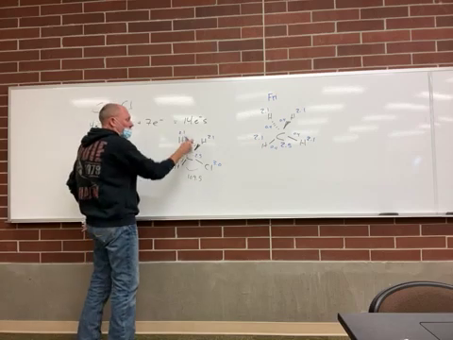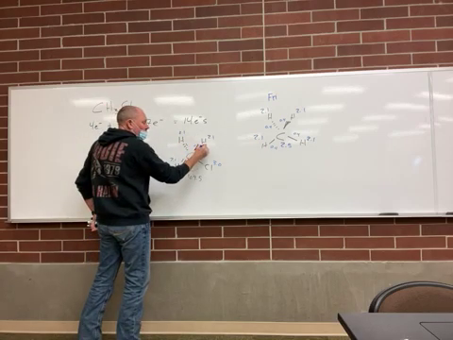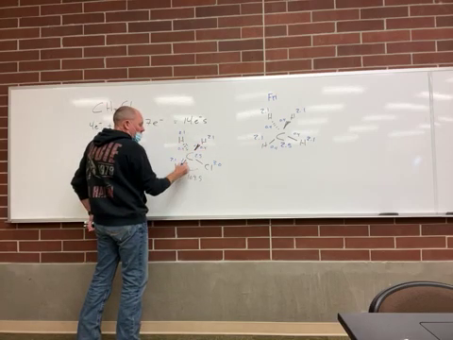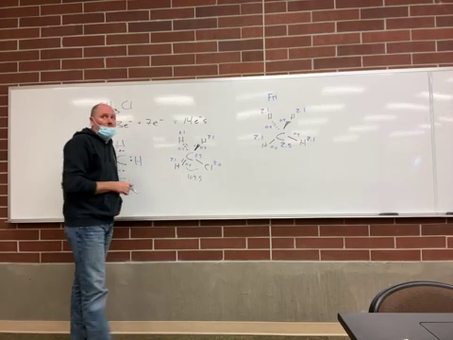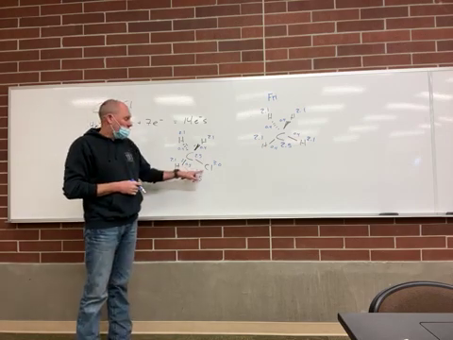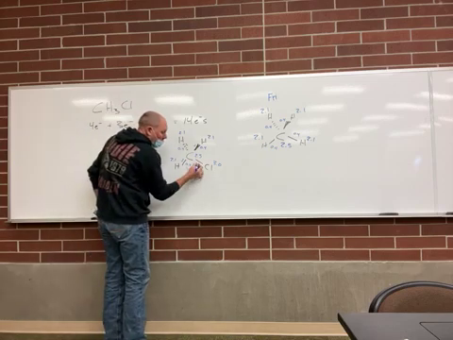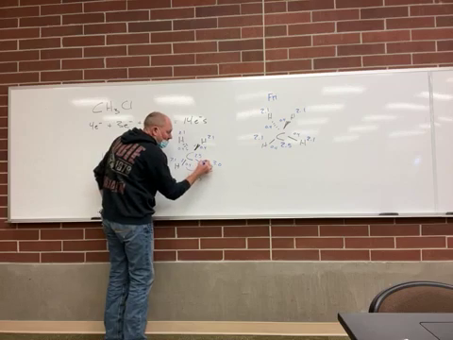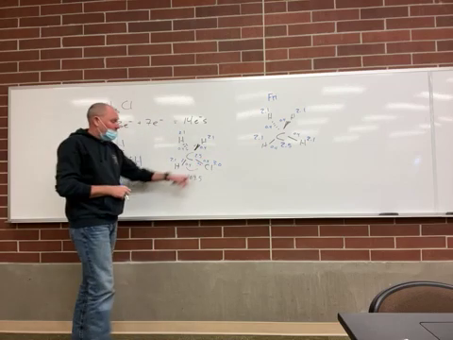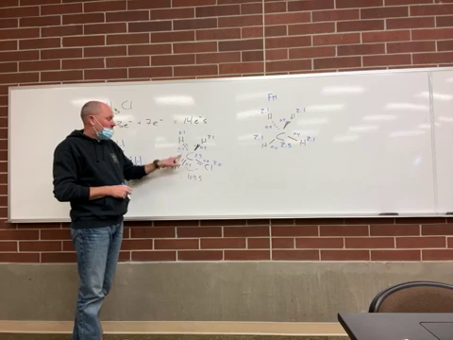But those are all equal. That's 0.4, 0.4, 0.4. But what happens to this bond? Yeah, this bond is actually pulling this way at 0.5. So that bond and these bonds are not equal.